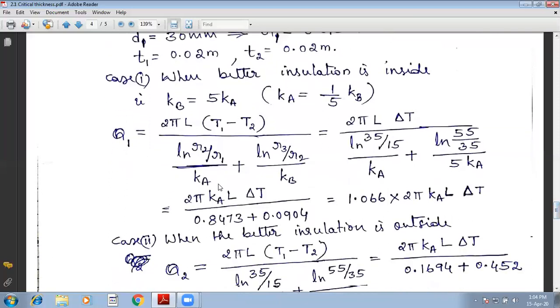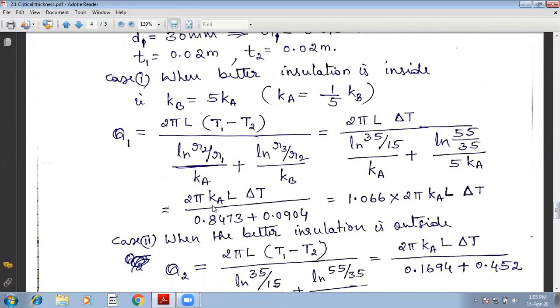Now if you solve for this, 2 pi Ka goes to numerator, Ka multiplied by L multiplied by delta T. So this ratio comes out to be this, and this ln of 55 by 35 upon 5 comes out to be 0.0904.